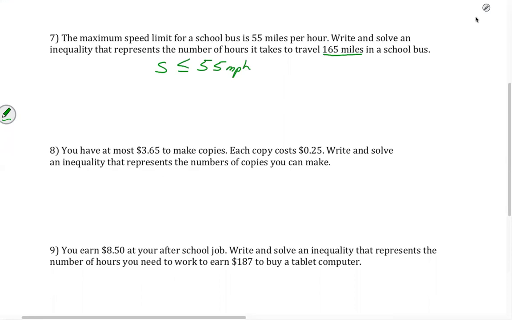Well, here's the thing. How do I figure that out? Well, we know D equals rate times time. So our distance is going to be 165. Our rate has got to be something to do with 55. And we want to know time, right? So that's going to be T. But what goes in here?